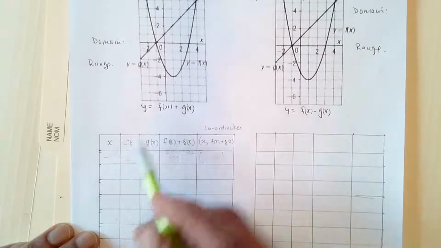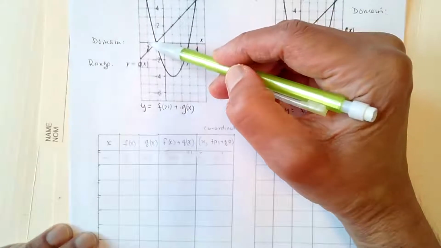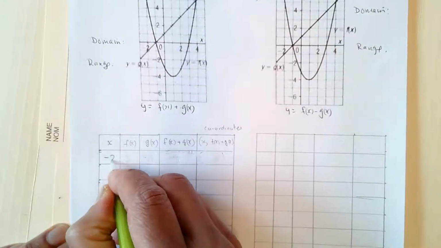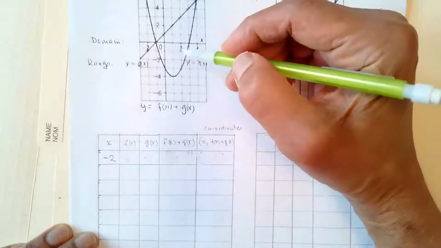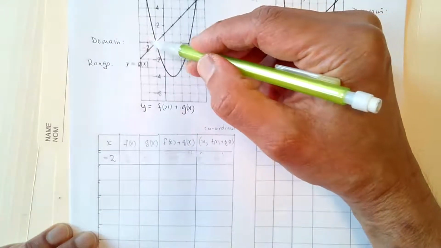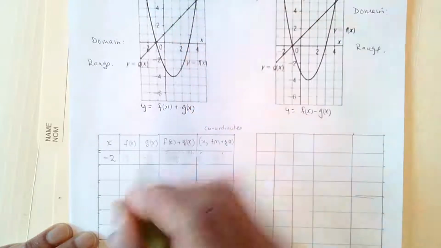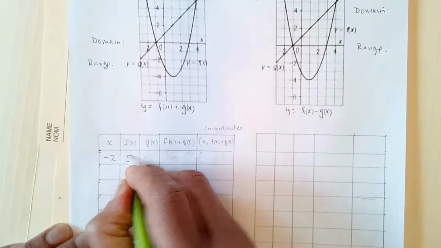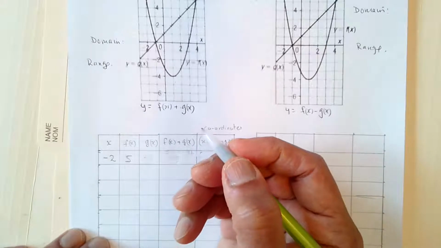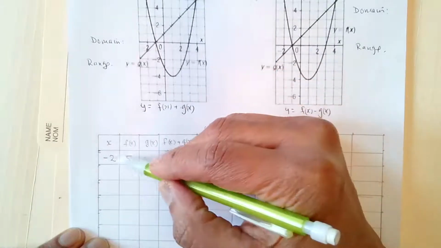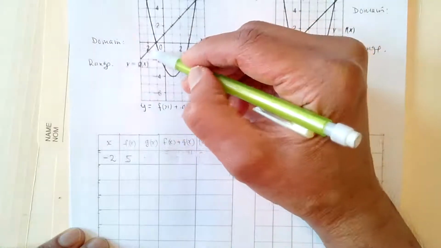If we find a reference point here, we have x is -2. For f of x, when x is -2, y is 5, so I'll put 5 here. And the y value for g of x when x is -2 would be -1.